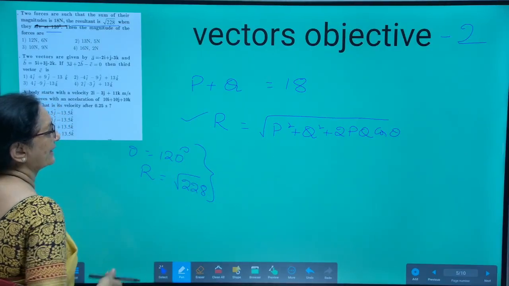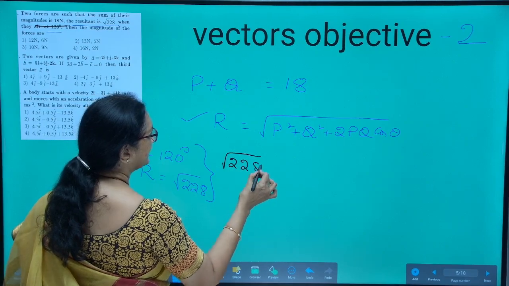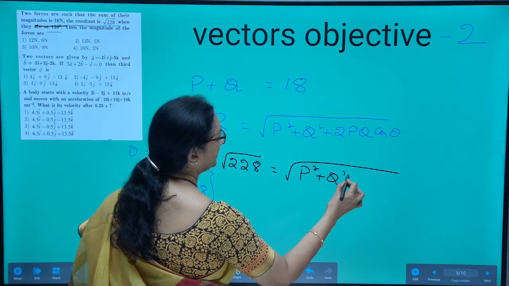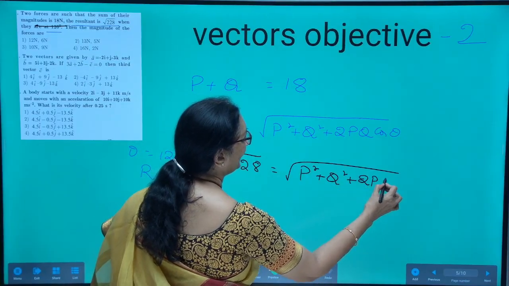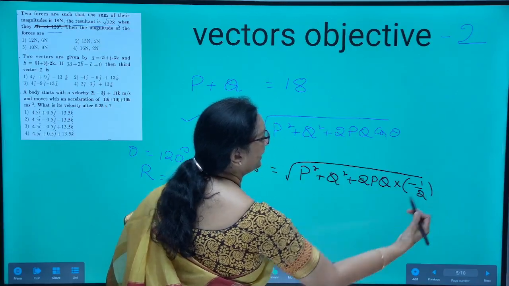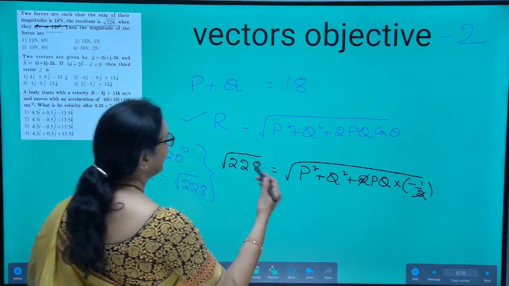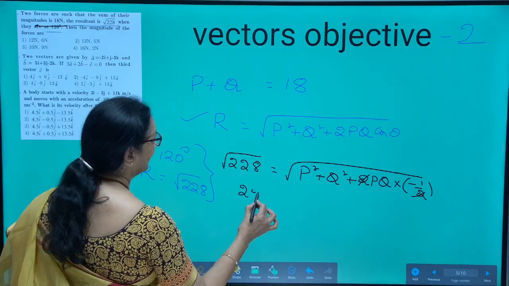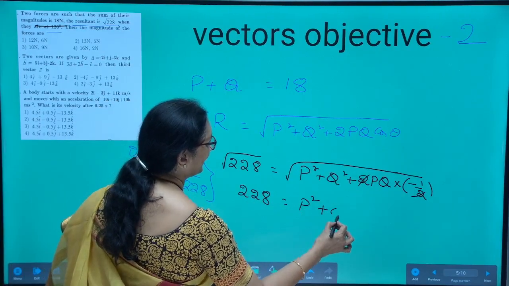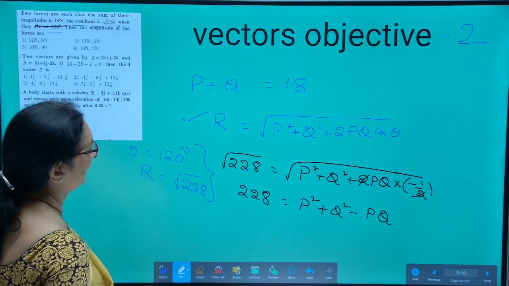Substituting this in the expression, root 228 is equal to root of p square plus q square plus 2pq cos 120. Cos 120 is minus half, so the 2 and the half get cancelled. Squaring on both sides, we get 228 is equal to p square plus q square minus pq. This is one equation.